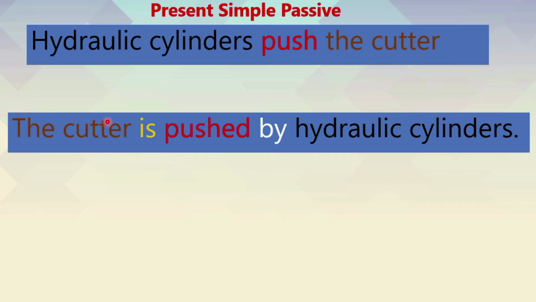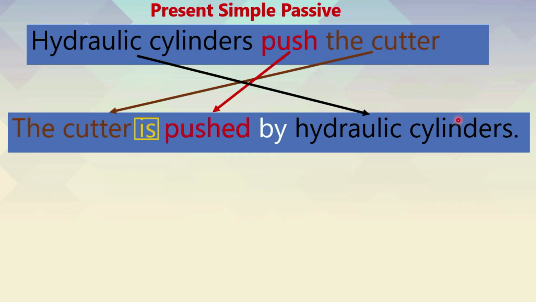We start with the subject, which is the object of the active sentence, followed by is, which is a verb to be. Then we have pushed, which is the past participle of the main verb. And finally, we have the agent.